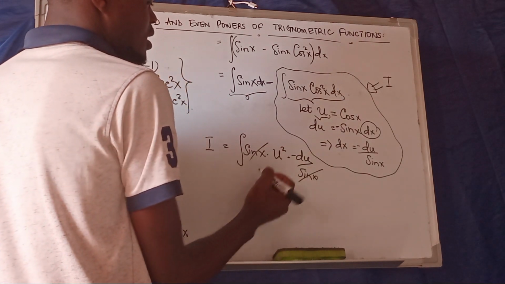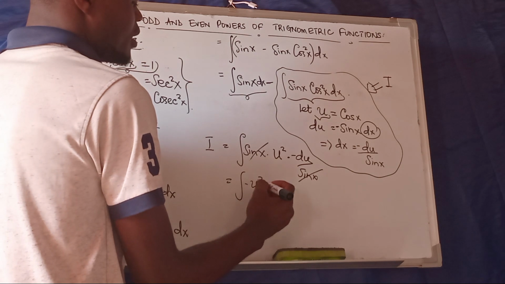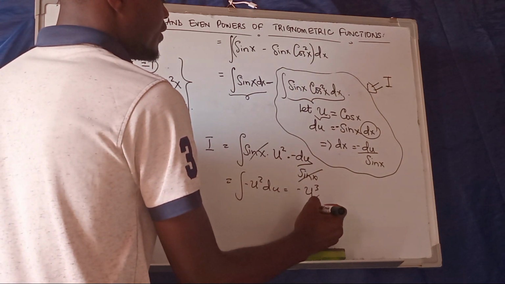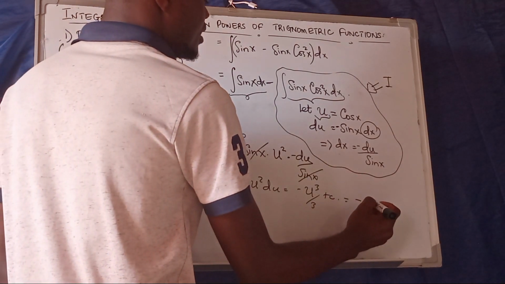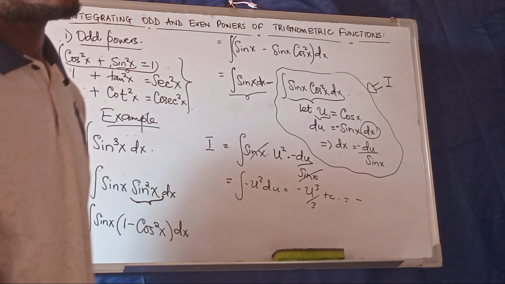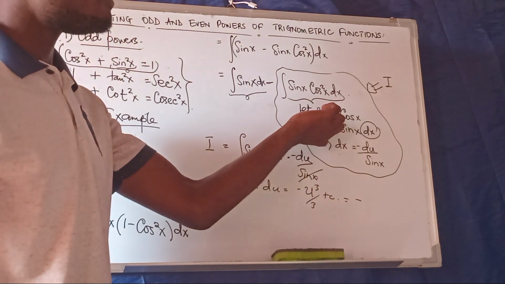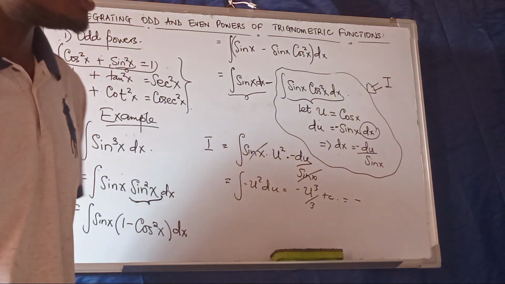This goes with this. So I have the integral of minus u squared du, which is minus u power 3 over 3 plus c. Remember, we have to respect x, though we introduced another variable u, so we have to go back to our original variable.